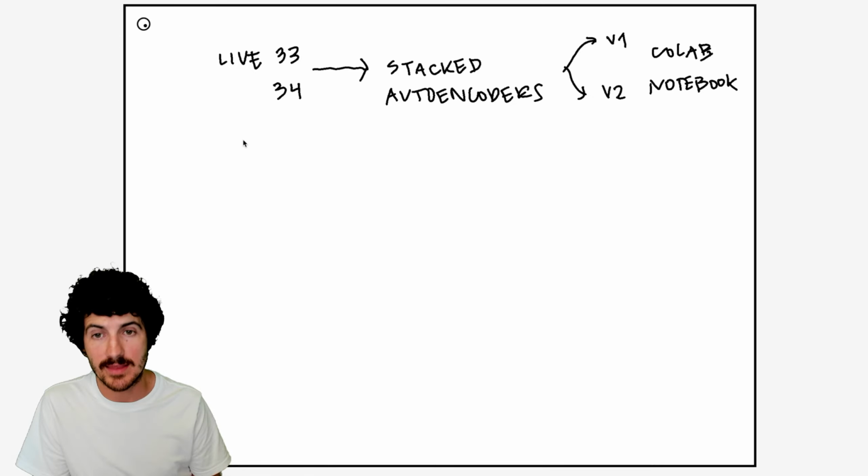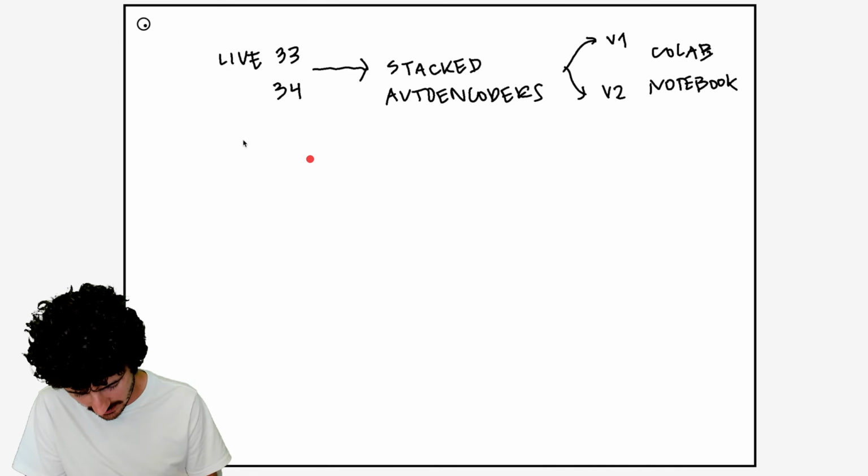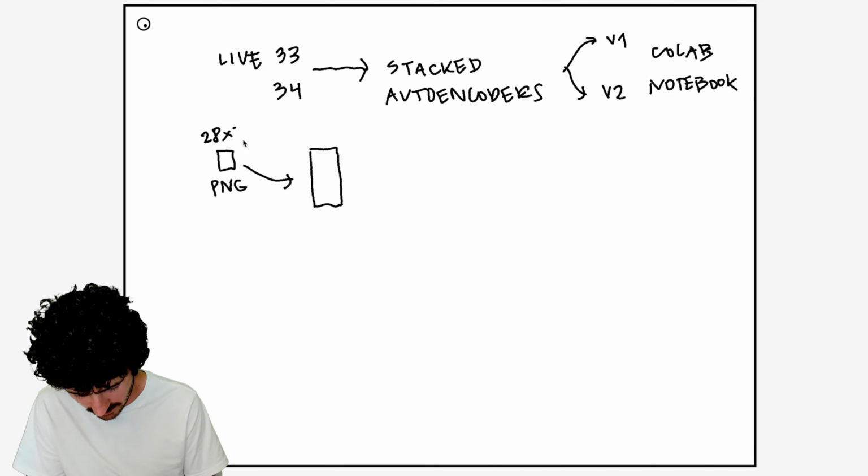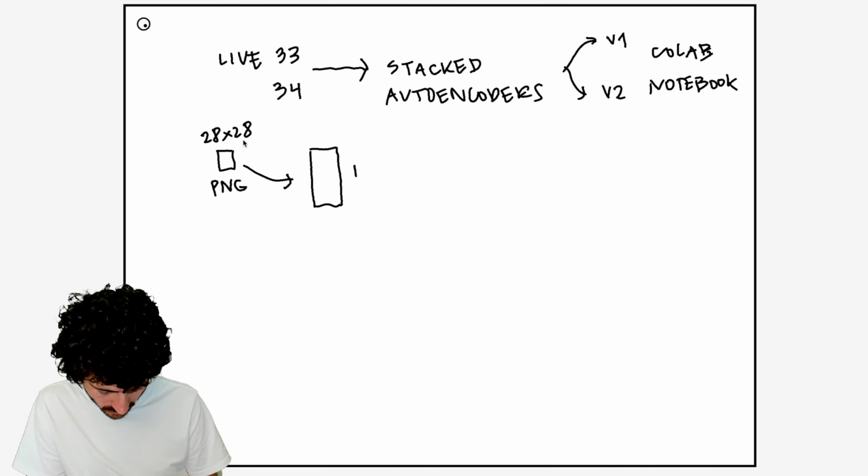And in there, we were having that architecture in which we were taking in an image. That would be maybe a PNG, I think 28 by 28. We were encoding that into 30 digits.